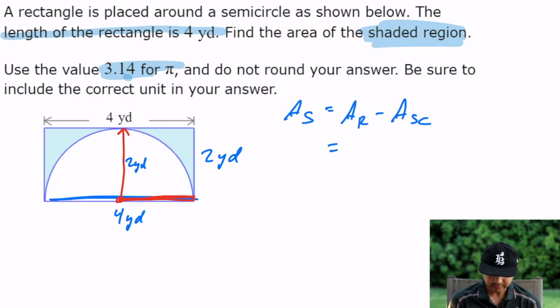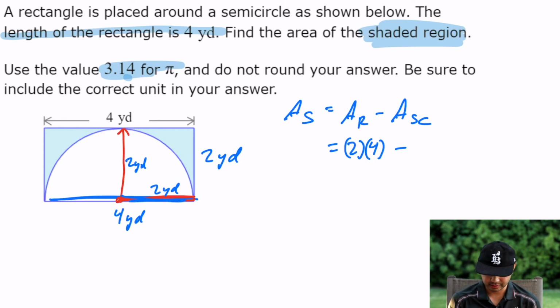So area of the rectangle, I'm just going to put it down here as length times width, so 2 times 4, minus area of the semicircle. I don't need to erase anything, because we already said that this radius here is 2 yards.